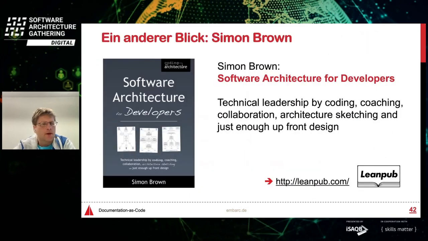There are some other models like arc42. Another one is from Simon Brown. He has written some books which are published on LeanPub. There's, for example, the first part, for developers, showing how to do software architecture.